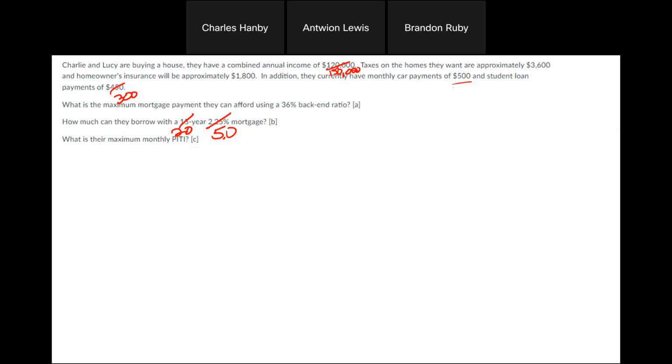And then what's their maximum monthly principal, interest, taxes, and insurance? So we'll do the calculation for the maximum mortgage payment, and then we'll have to add back taxes and insurance to get maximum PITI. So just like we did before, the 150,000 divided by 12 is 12,500. We multiply this by the 0.36, and we get 4,500.